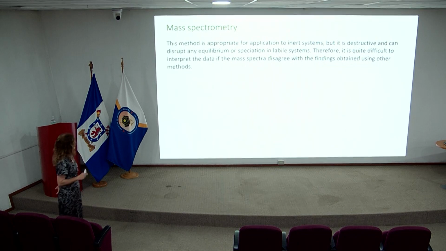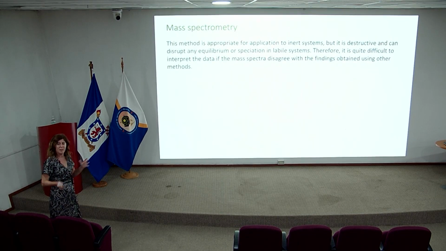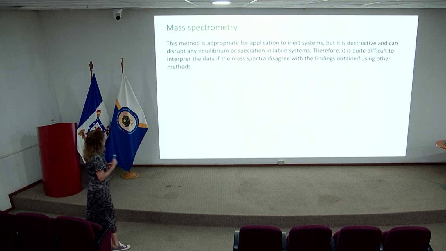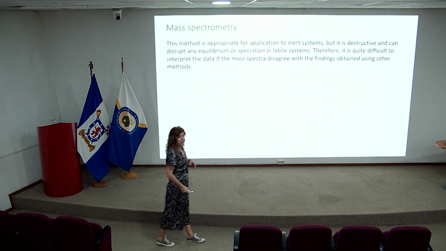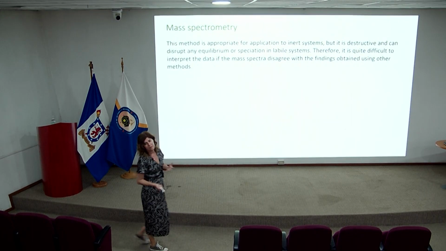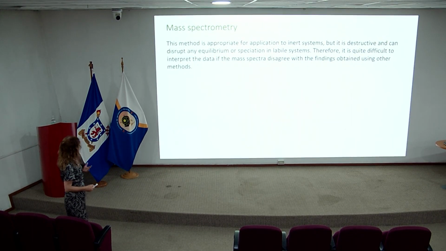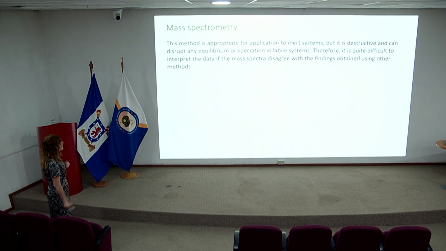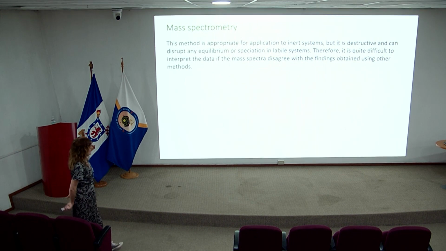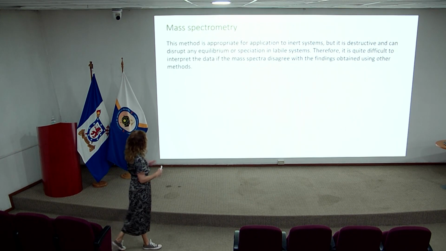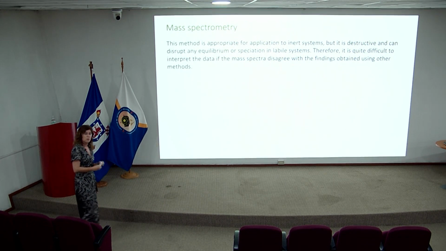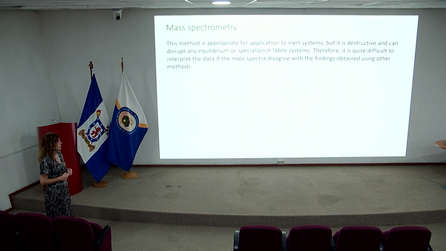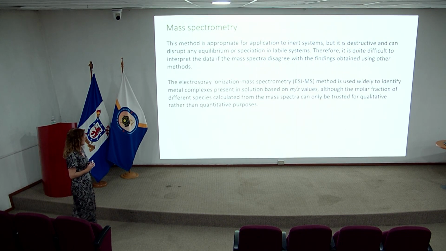Oh, sorry. So we can also use mass spectrometry, but the problem is that if we have an inert system, okay, you can use it, but it's a destructive technique, and it can disrupt the equilibrium and speciation in labile systems. So it's not the most useful technique in quantitative terms, it's very useful in qualitative terms.